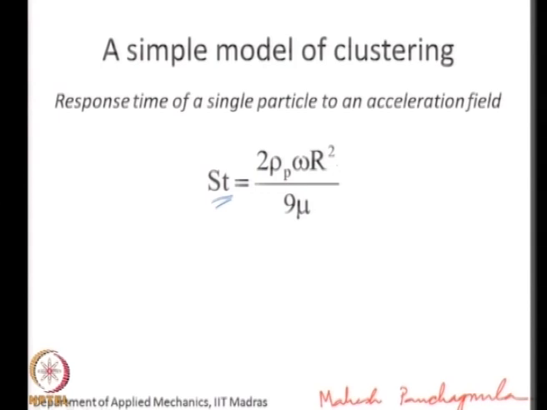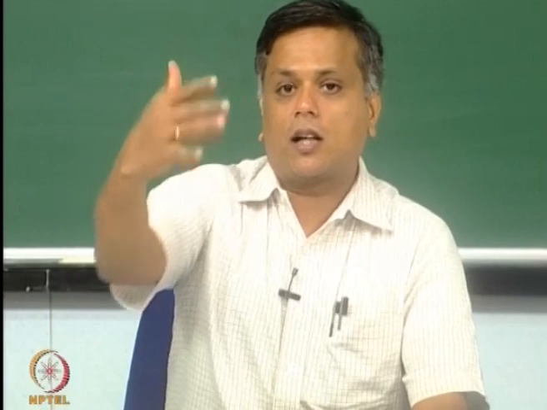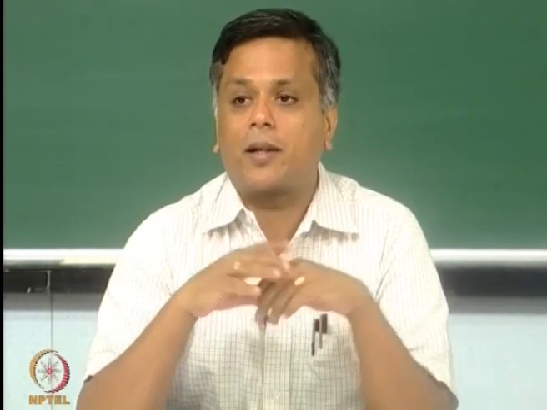If I take the inertia, essentially the inertial force on the drop itself and the drag force from the neighboring air, and quantify the relationship between these two, this gives me a response time of a single particle to an acceleration field. If the response time of the largest particle and the smallest particle are comparable, then I am likely to not get size separation.